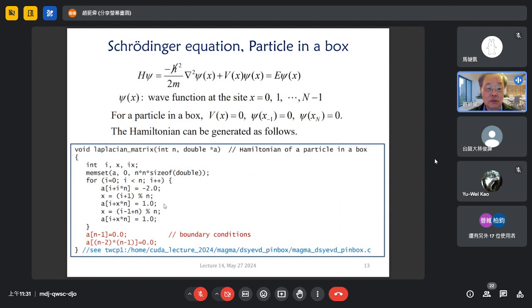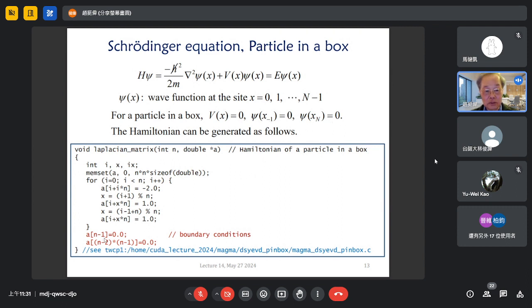So this is the periodic boundary condition. But for the particle in a box, I just have to impose this to be 0 outside.